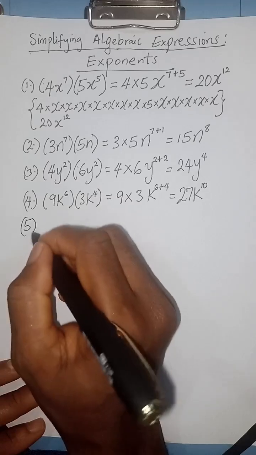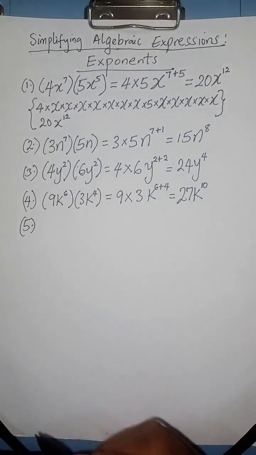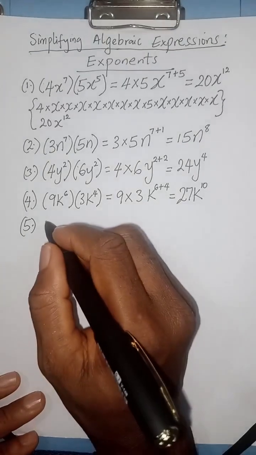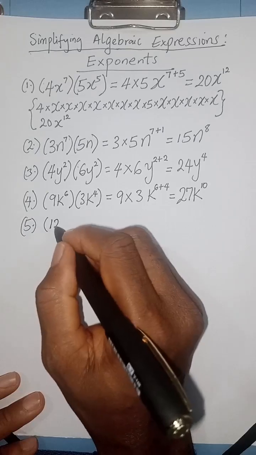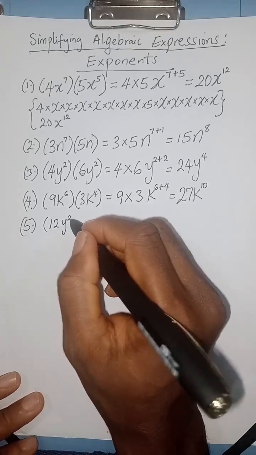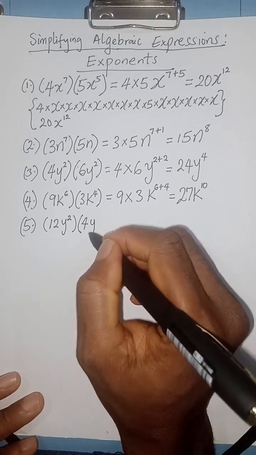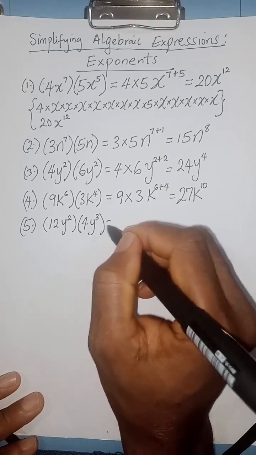Let's try out number 5. Let's assume I have (12y^2), close bracket, open bracket, (4y^3), close bracket.